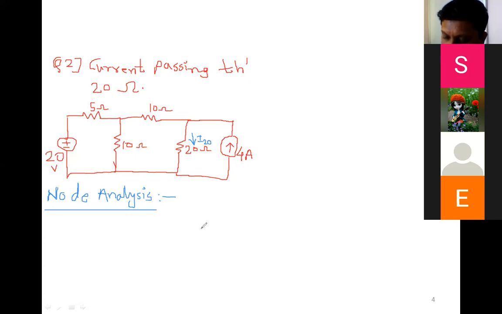Try, because if you're not trying, then it is difficult to understand. 4. Okay. So someone told 3, someone told 4. Any other answers?